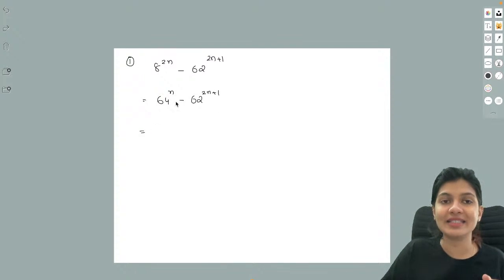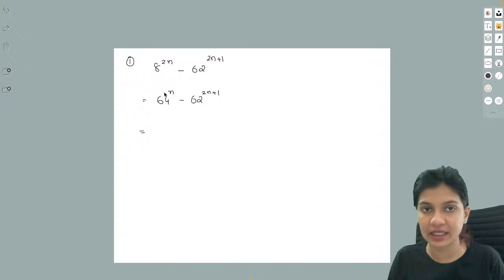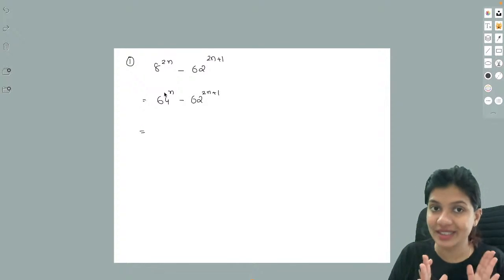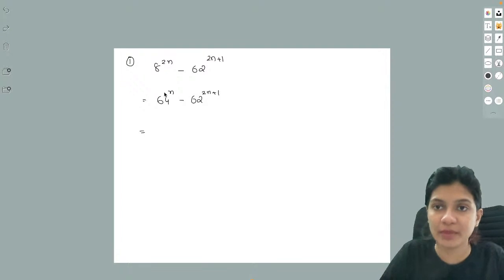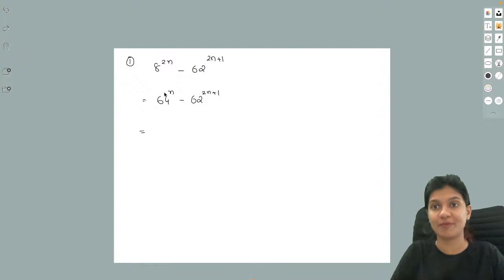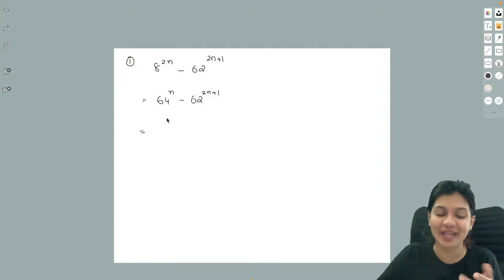The 64 can be converted as 1 plus 63, and 62 can be converted as 63 minus 1. That will be your next step.